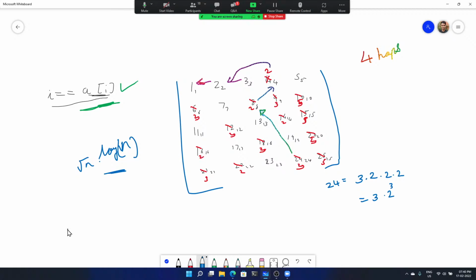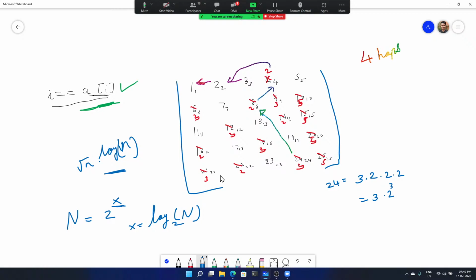In the worst case, n can be a power of 2, so it can be 2 raised to x. Then we keep dividing it by 2 till it becomes 1, so we divide x times. If n is 2 raised to x, then x is equal to log n, log to the base 2 of n. So in log n time, we can do the prime factorization of one number.